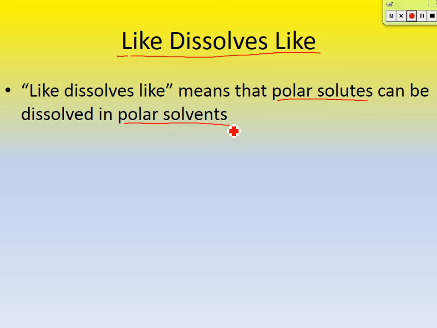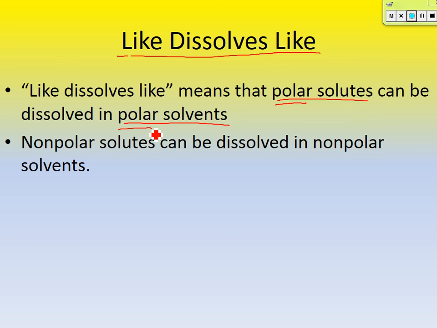So in order for something to dissolve, the polar solute must be dissolved in a polar solvent. The opposite of that is true as well. Nonpolar solutes can be dissolved in nonpolar solvents.